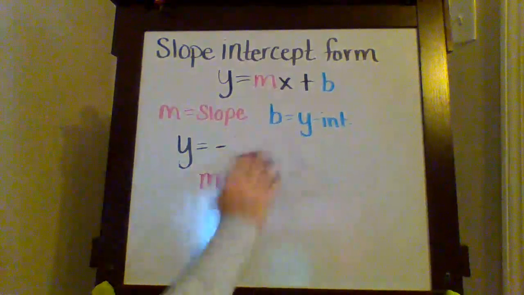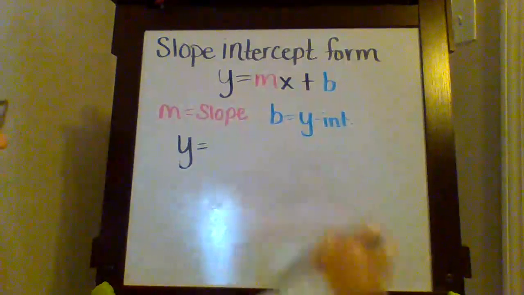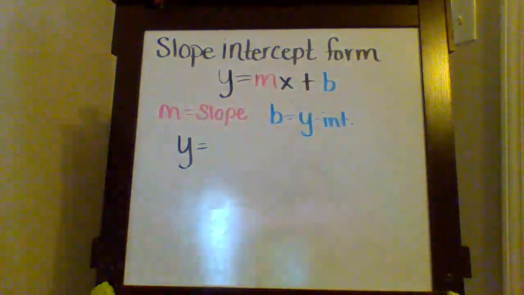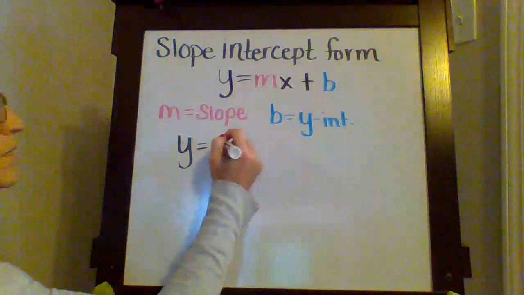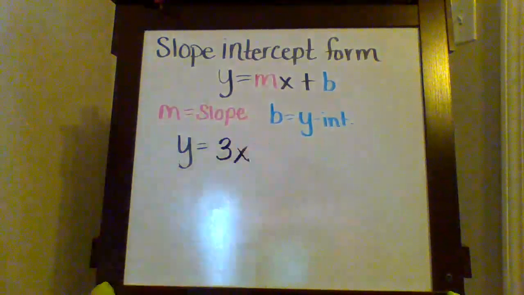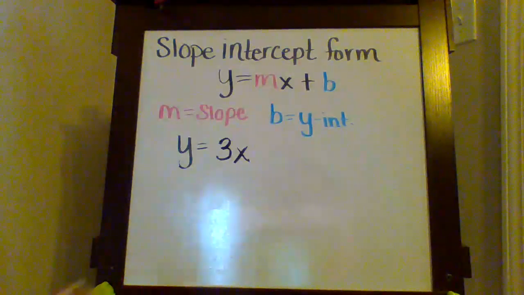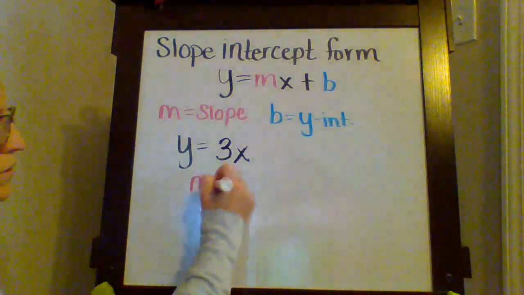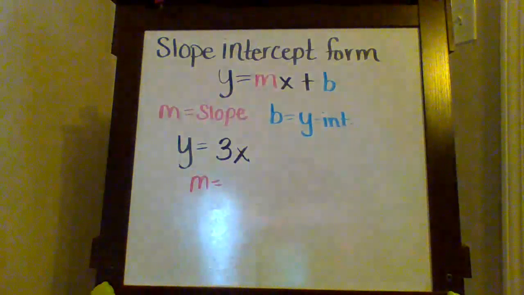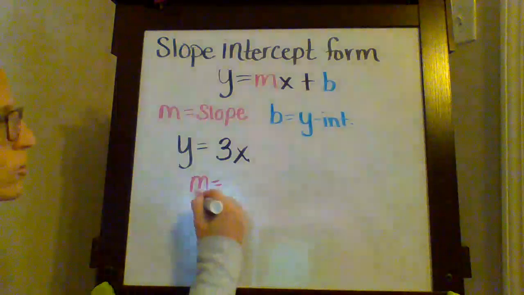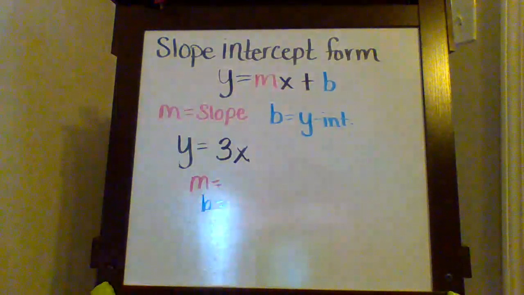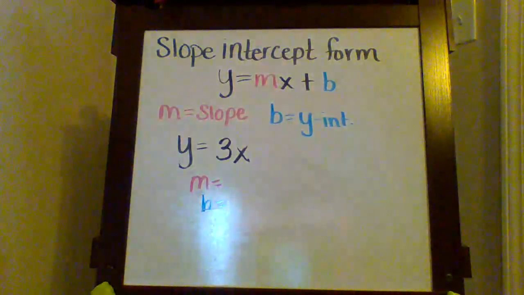Okay, let's look at another example where it might not be as obvious. What about if I just had y = 3x? You can pause this if you need to and see what you think the slope and y-intercept of y = 3x would be. Okay, keep in mind that your slope is always your coefficient of x.